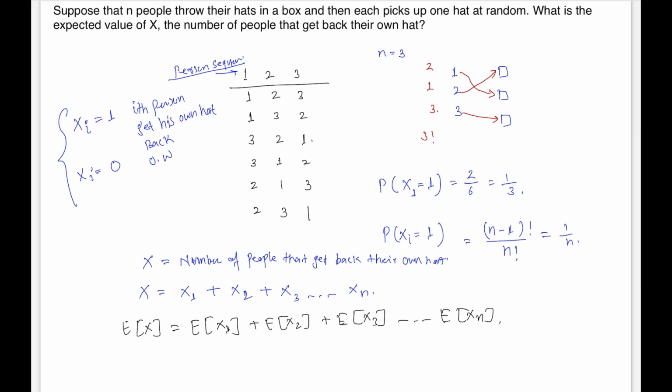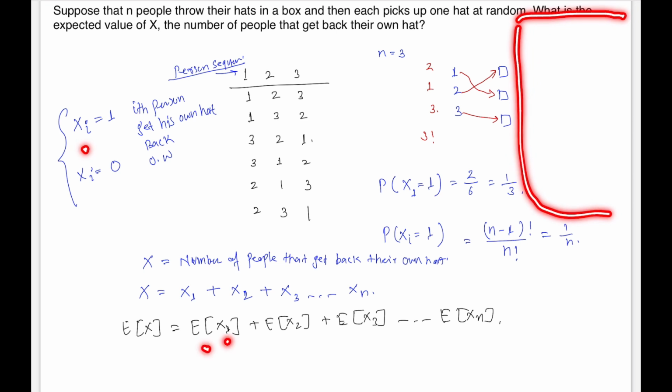Let me first recall how the expected value of a Bernoulli random variable is nothing but the probability of getting success, or let's say the probability of getting 1. So for a Bernoulli random variable, let's say y, either it can take the value 1 or it can take the value 0. So these are the two possibilities.